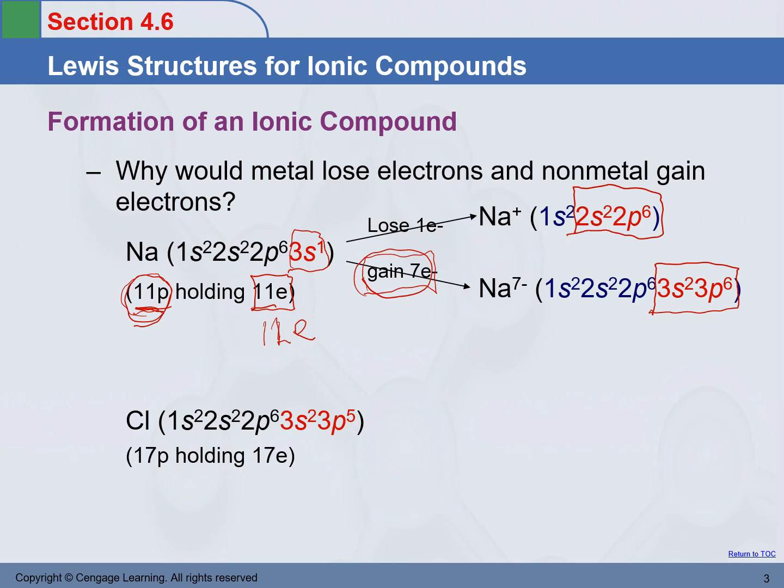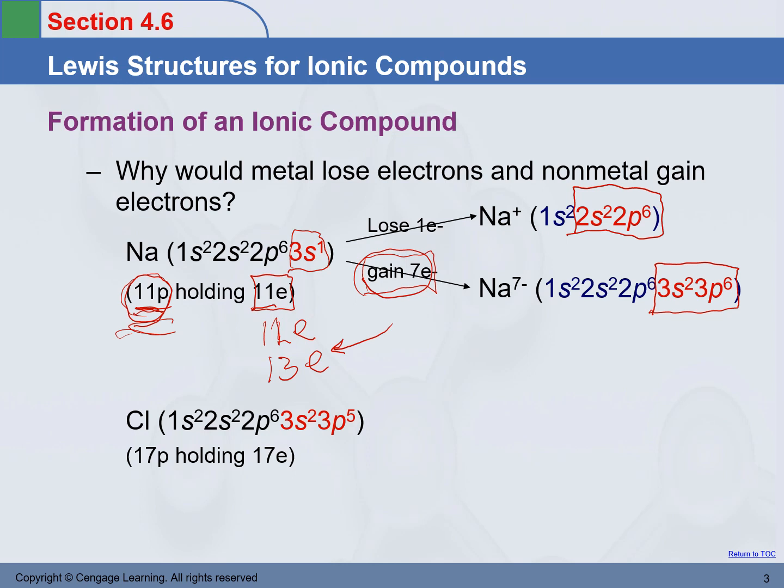Well, 1 more might be okay. Another one comes in, becomes 13 now. It becomes a bigger burden for the 11 protons. Holding a second extra electron is way harder than holding the first extra one. I assume you can feel that way. You can understand that because electrons repel each other.